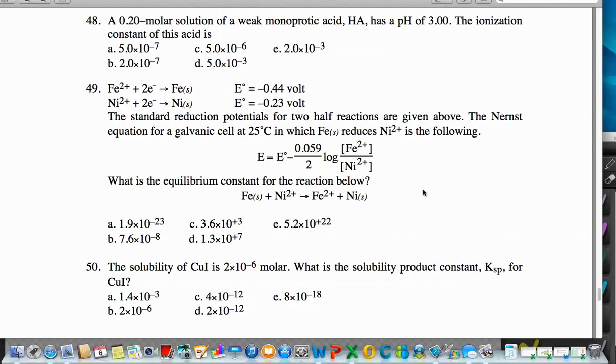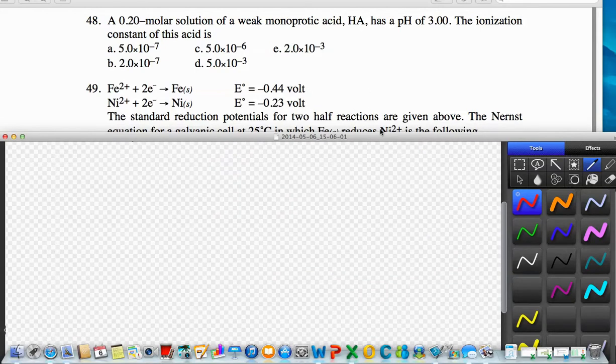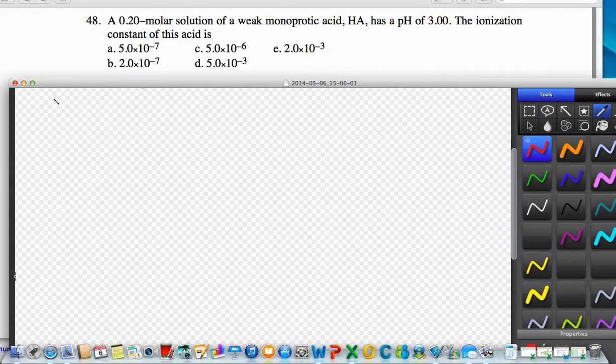All right, 48. We have a weak acid, HA. It's 0.2 molar. Of course, we know when it dissociates, it has a pH of 3, which means the hydronium ion concentration is 10 to the minus 3.